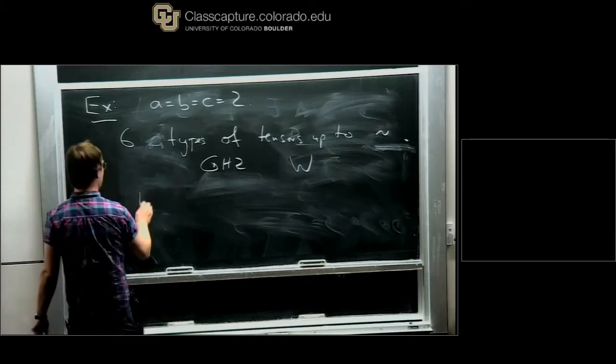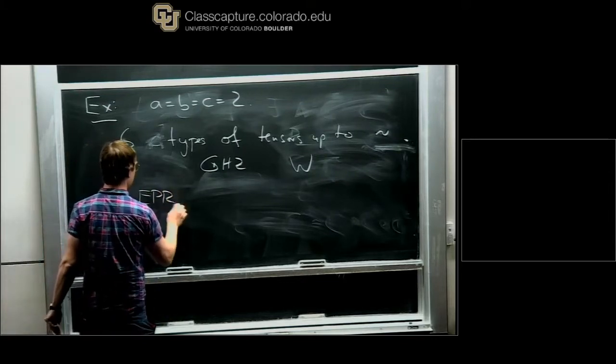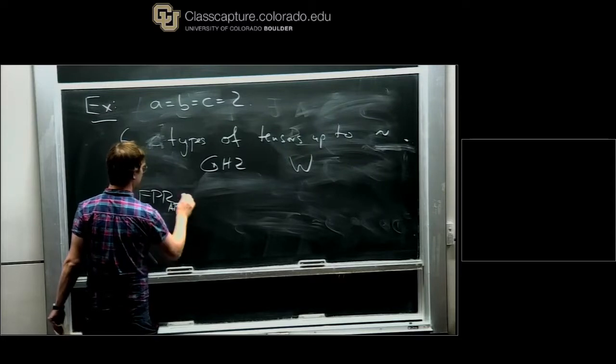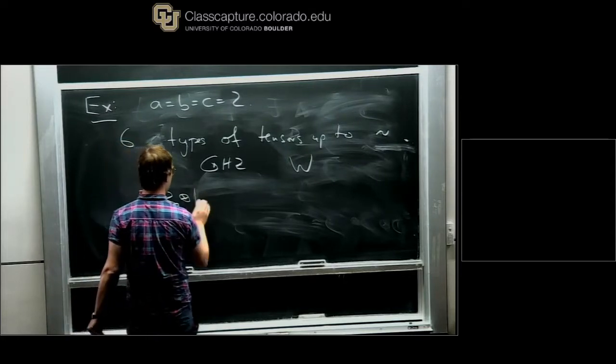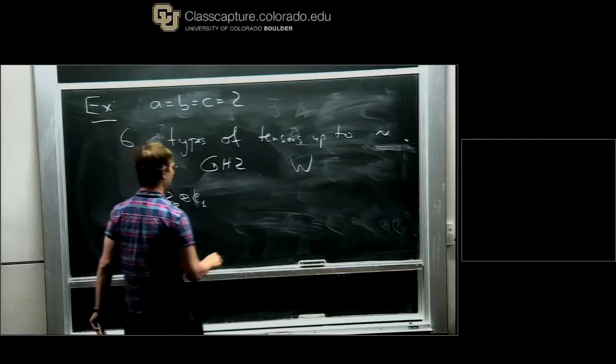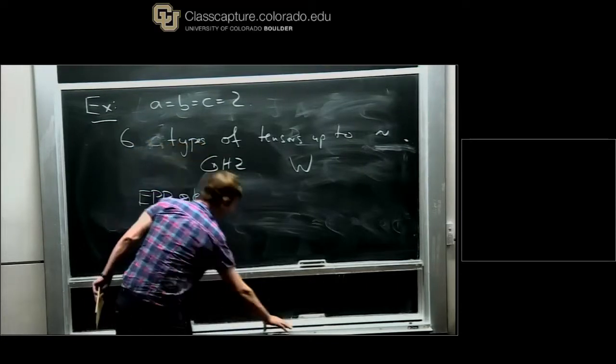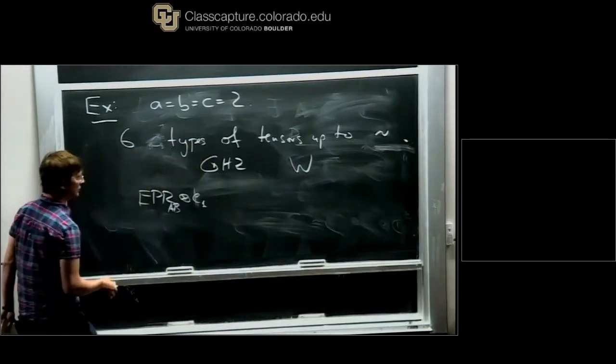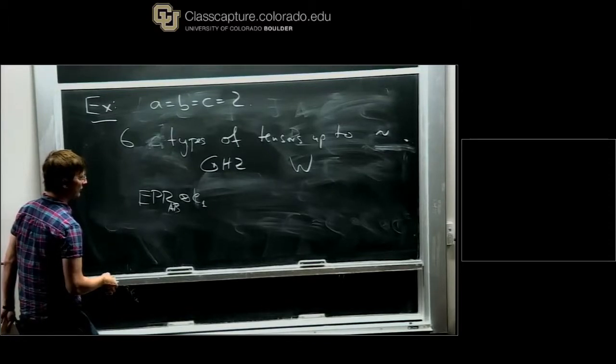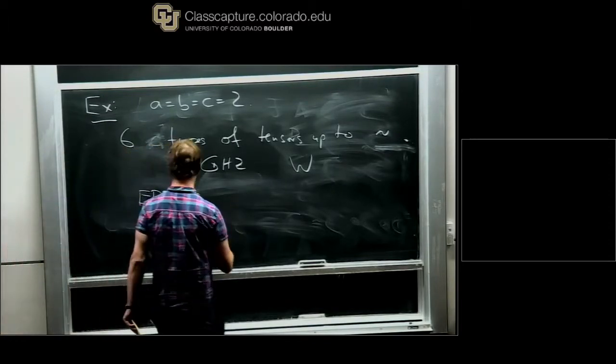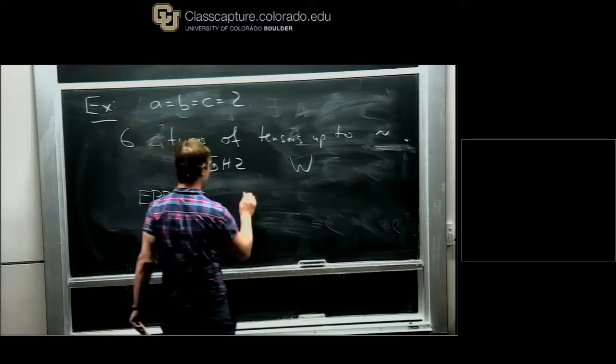So I can do an EPR on Alice and Bob, tensor some, say, E1, and I can write this out. Actually, it will be convenient to write them all out. Well, let me do it like this first. And this is on C.